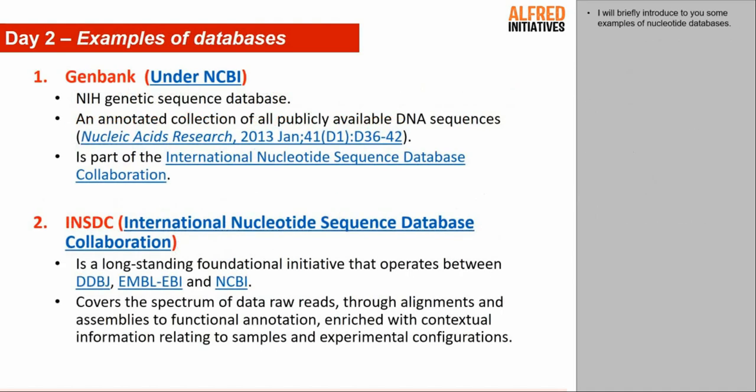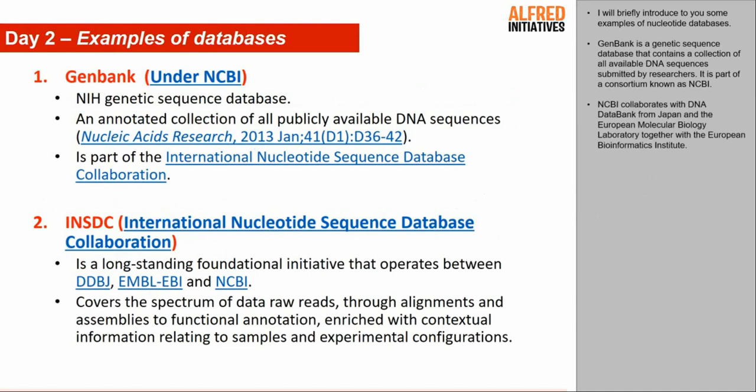I will briefly introduce to you some examples of nucleotide databases. GenBank is a genetic sequence database that contains a collection of all available DNA sequences submitted by researchers. It is part of a consortium known as NCBI.